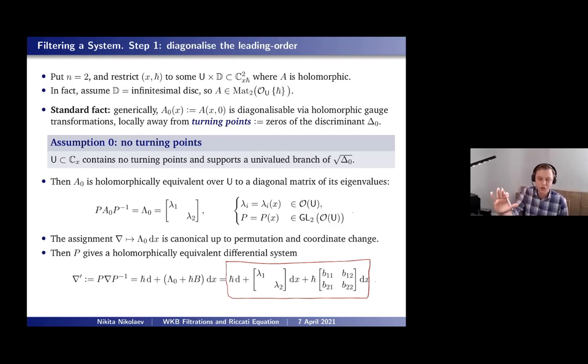I've pushed all the complexity out from the leading order in h bar into the subleading orders. So there's this h bar in front here, and all the non-diagonal or non-triangular aspects of my connection are now in h-bar subleading order terms. And now this is the connection that I want to put into a triangular form.